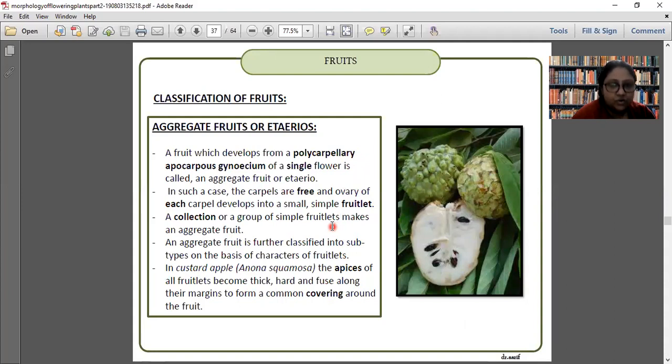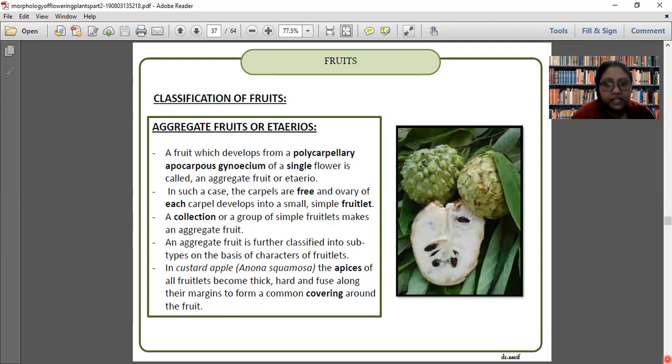Okay. So carpels, if they are free, then they will form fruitlets. Fruitlets means, for example, custard apple. Custard apple is called sitafal. The whole thing is covered. It's not having fruitlets inside, in which the whole fruit is combined.